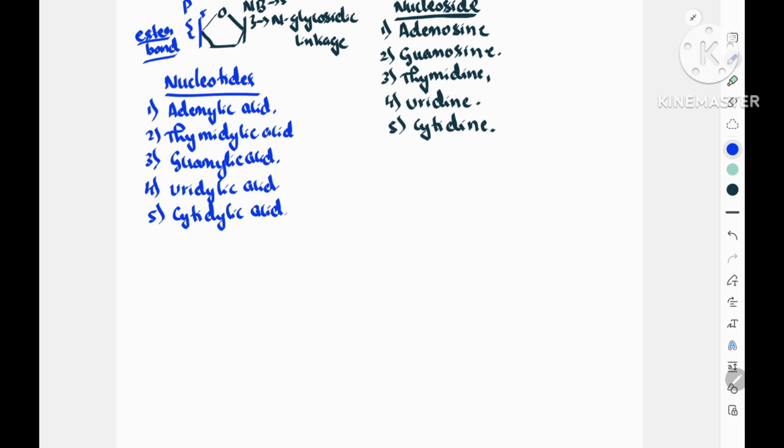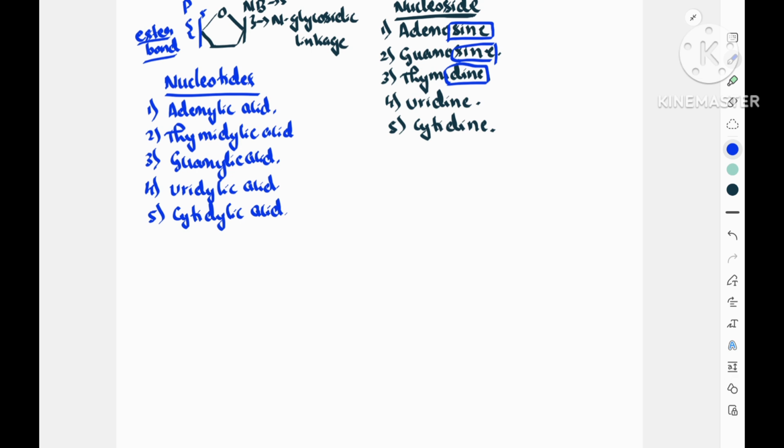And you may ask the question, how to remember which one is a nucleoside and which is a nucleotide. One thing you should remember: if the name ends with sine, the name is of a purine. Purine names will end with sine, and pyrimidine names will end with dine. So adenine and guanine are purines, so they form adenosine, guanosine, like that.